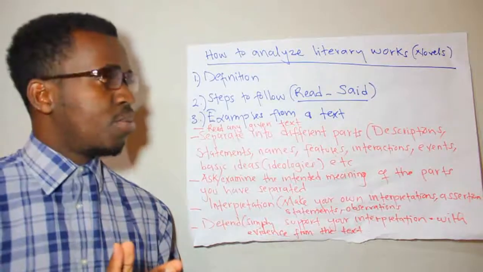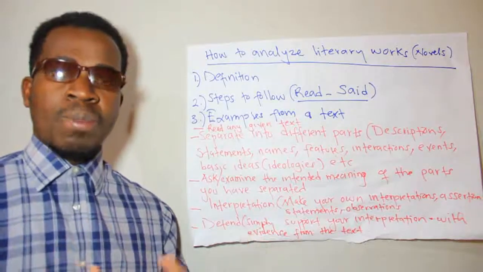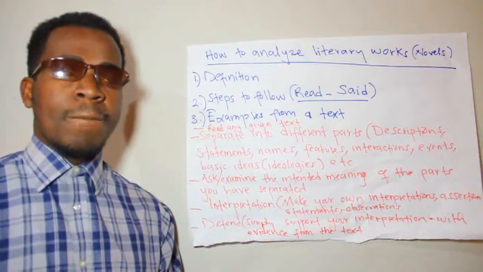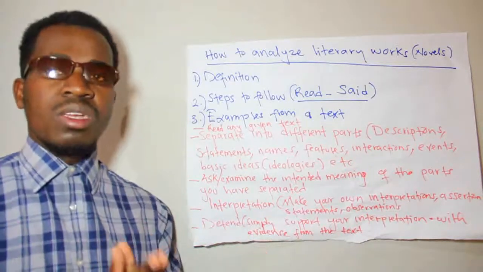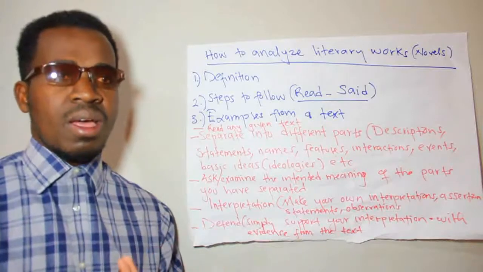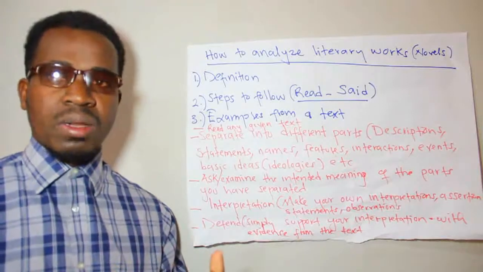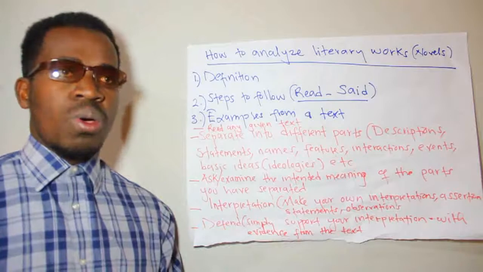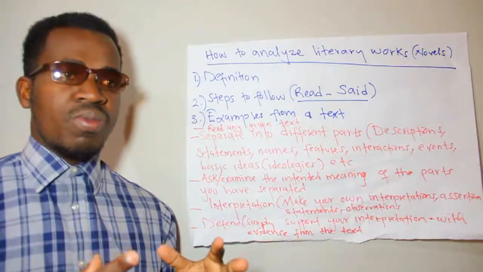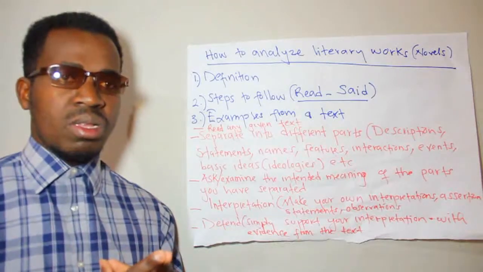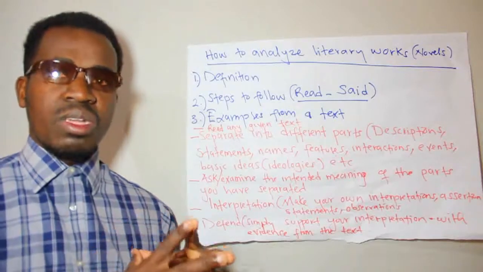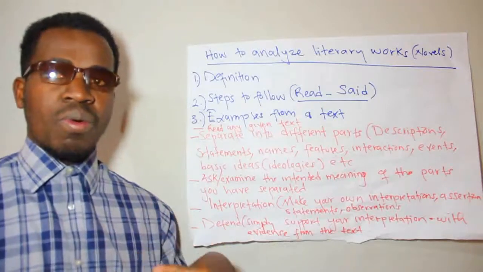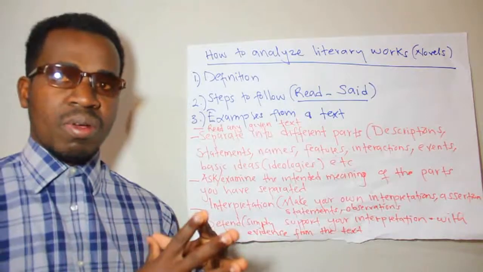So I'll give an example of The River Between, a novel written by Ngugi wa Thiong'o, literature in English, Zambian syllabus. We will not delve into details about the novel, except we are just going to look at a brief description from the beginning.